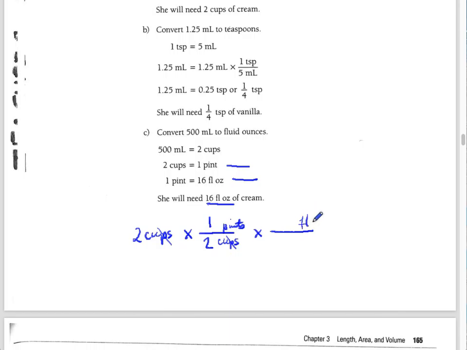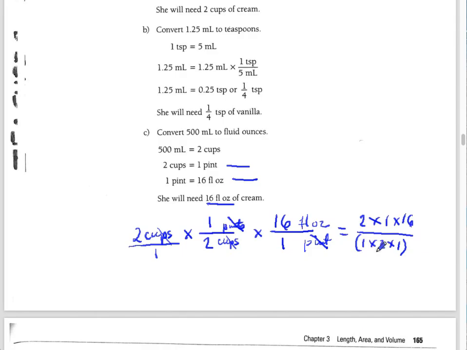We want the fluid ounces on top and pints on the bottom so that it cancels. These will cancel with this, and we put the fact that 1 pint is equal to 16 fluid ounces. This unit here cancels with this unit. When we do the math, it's 2 times 1 times 16, all divided by 1 times 2 times 1.